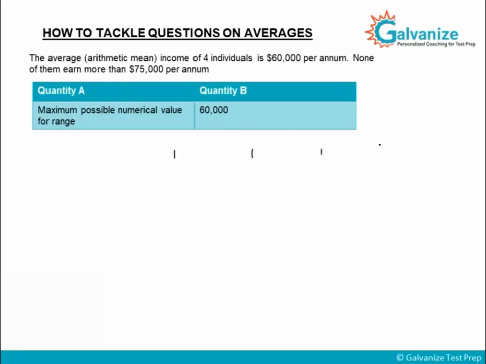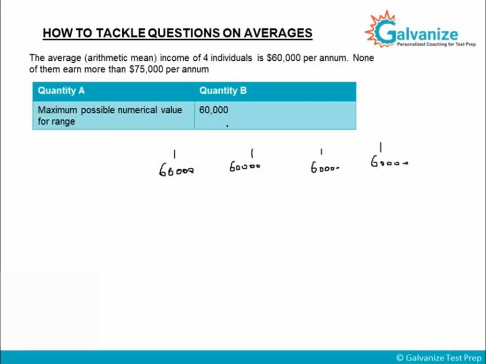There are 4 individuals here whose income is not more than 75,000. But then it says the average income is actually 60,000 per annum. So I'm going to spread this 60,000 among these 4 people. When I spread this 60,000, I know that the mean has to be 60,000.